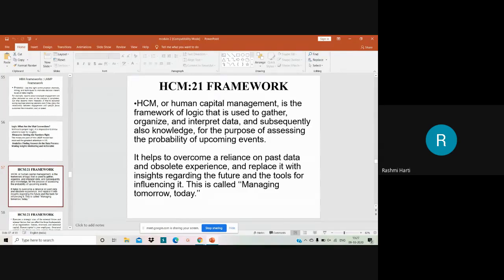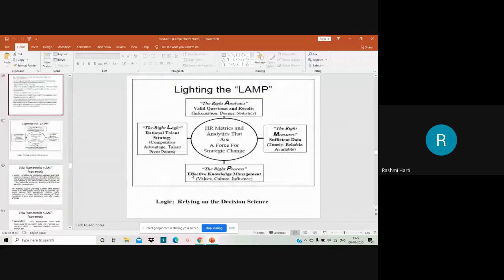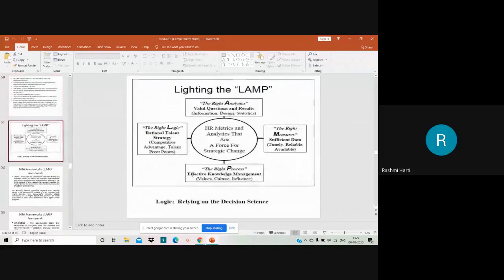Yes, ma'am. Any doubt here? No, ma'am. Ayushi? Clear, ma'am. Any confusions? No, ma'am. Are you sure? Yes, ma'am. Okay, can you explain the LAMP model in short?